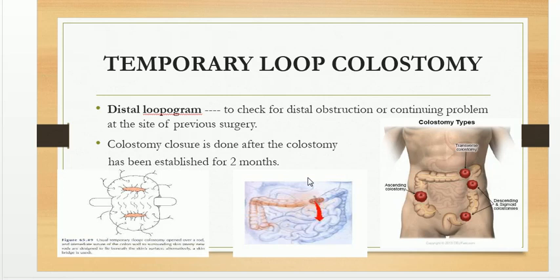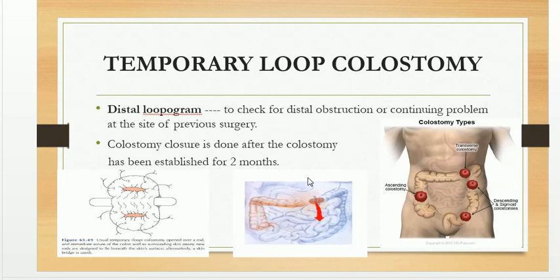Now, distal loopogram. For a temporary loop colostomy, the advantage is that we can operate on this patient and revert this colostomy to make it continuous. But before that, we have to do a distal loopogram.